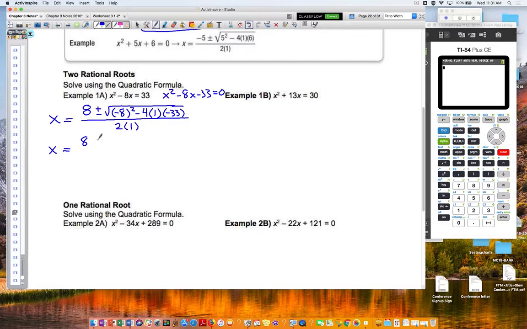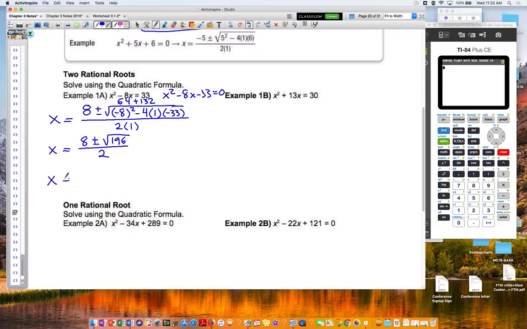I get 8 plus or minus negative 8 being squared. I'm hoping you could do that in your head and get 64. If I take negative 4 times 1 times negative 33, two negatives make a positive, and that adds to 132. So 64 and 132 make 196, all over 2 times 1, which is 2.